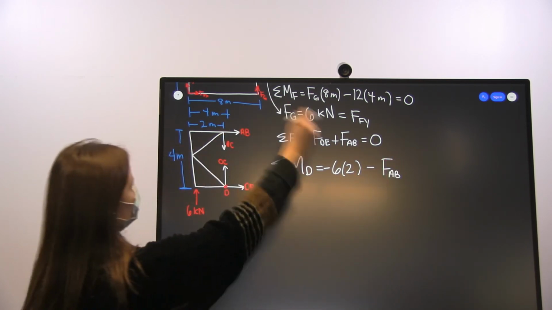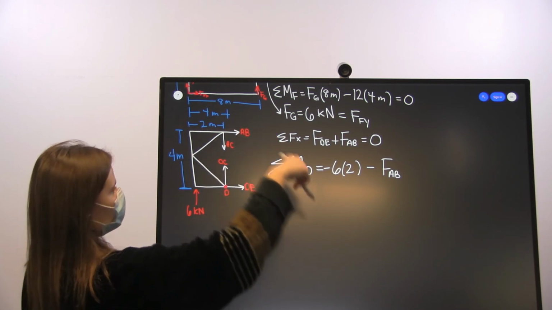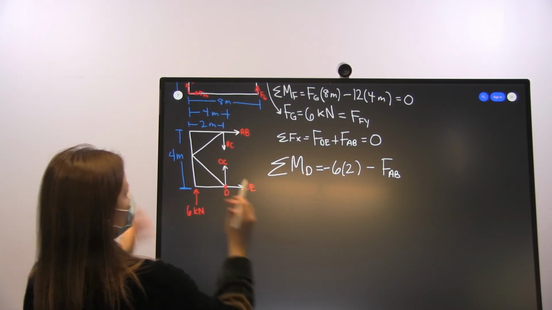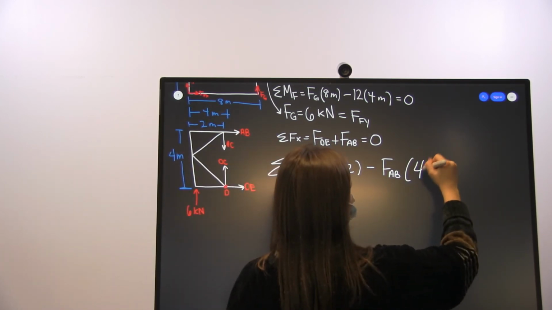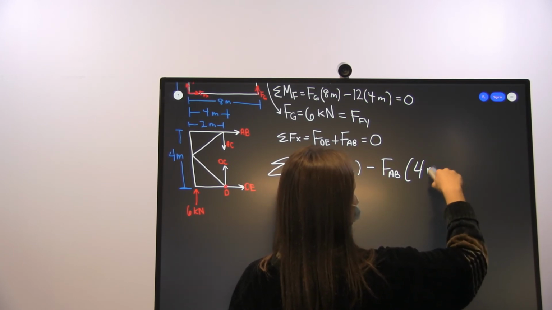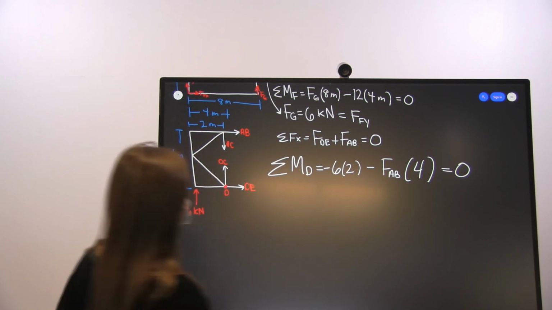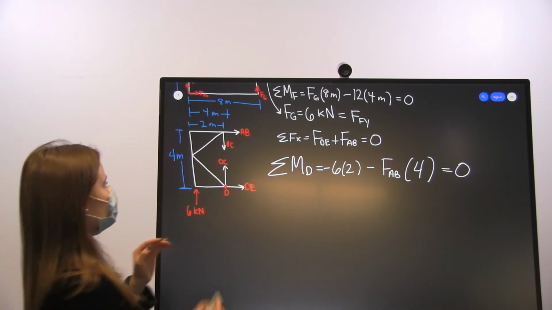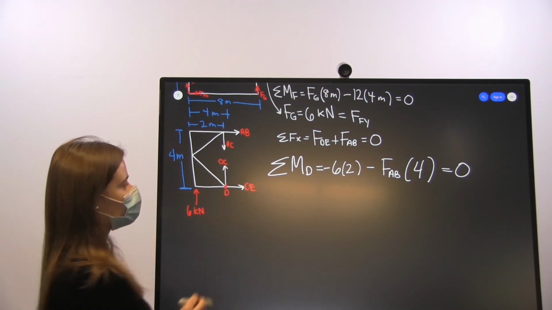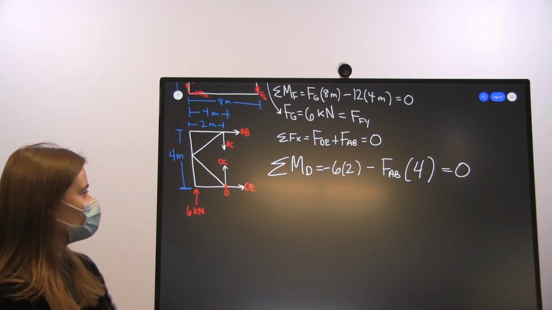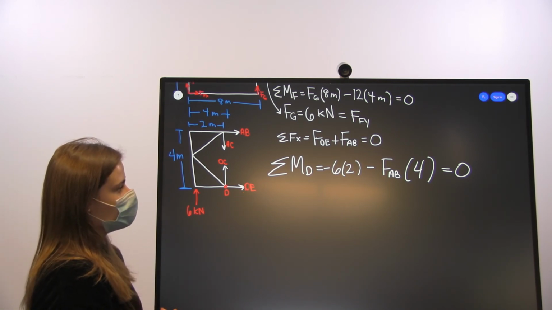It's going to create that clockwise rotation around D, and that is 4 meters from D. It's acting horizontally, so we take the vertical distance, and those are the only forces that we need to account for. Force AC and force DC are acting through D, and same with DE, so we don't take those into account.